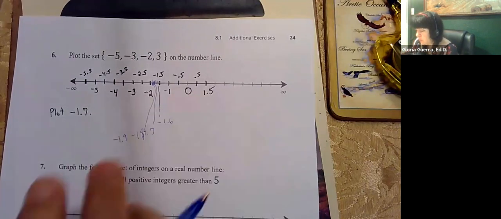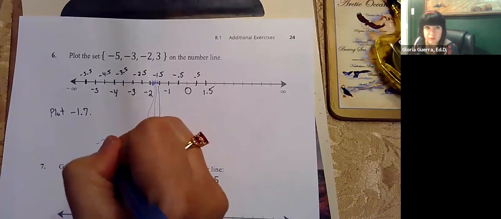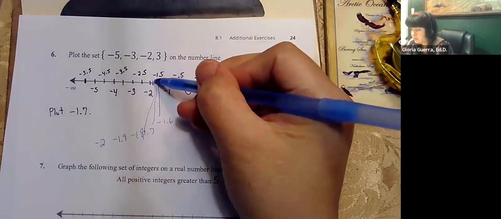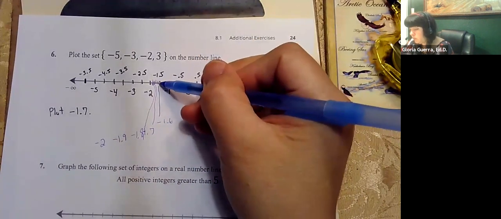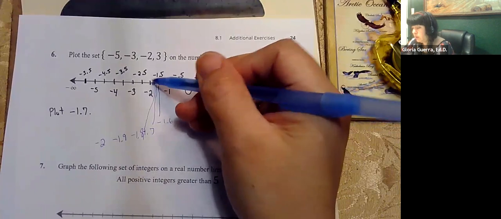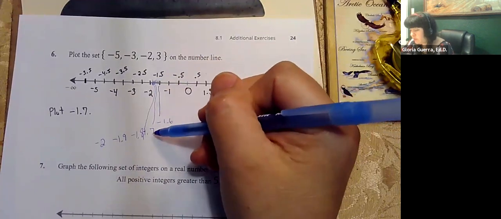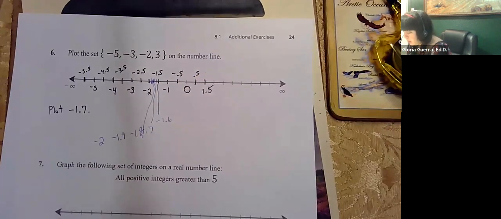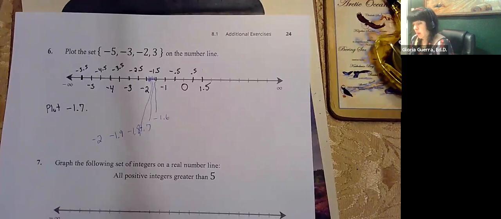And then you would hit negative 2, right? So that's kind of what happens in this little space here between negative 1.5 and negative 2. You have negative 1.6, negative 1.7, negative 1.8, negative 1.9, and then 2. So I hope that helps you with that idea there.